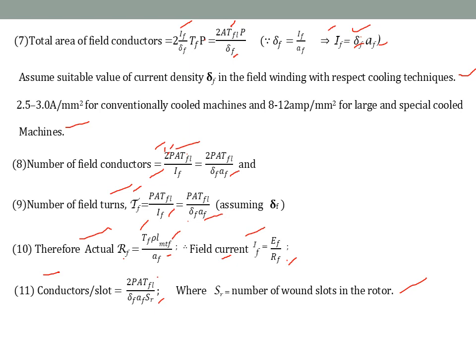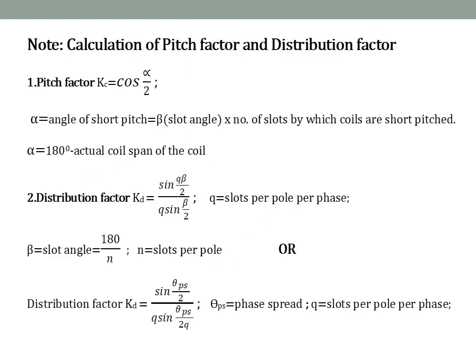In some of the problems, we are supposed to find out pitch factor Kc and distribution factor Kd. They will not be directly giving the values. Usually Kw is equal to Kc multiplied by Kd. Sometimes they will not give Kw directly, so we should find out Kc and Kd and then Kw.